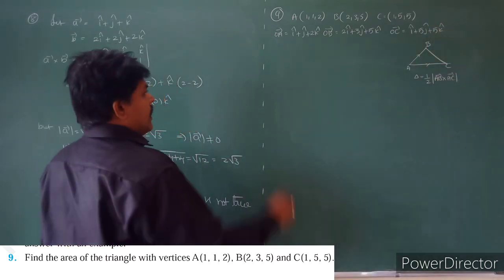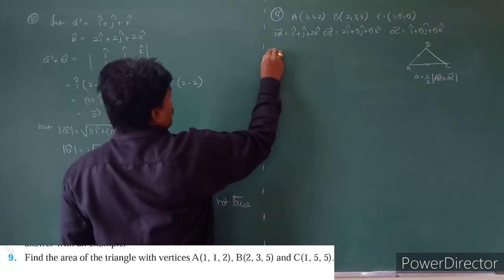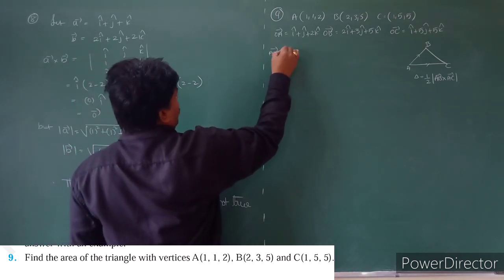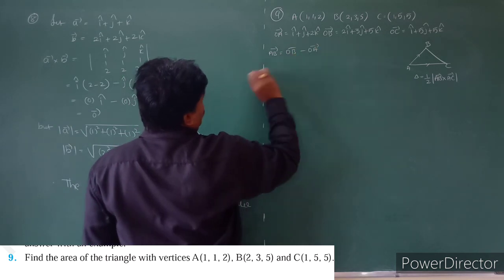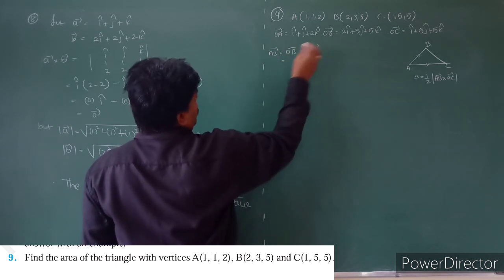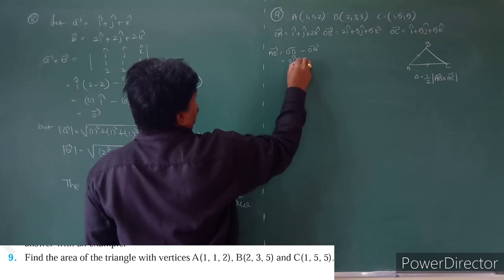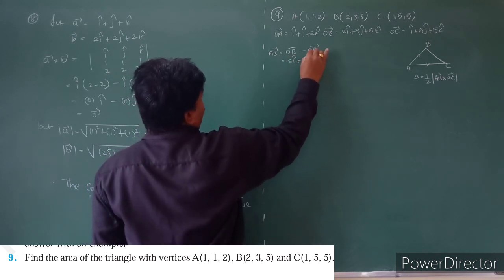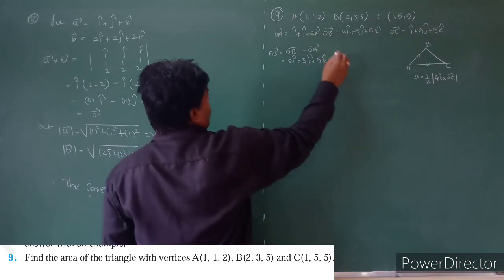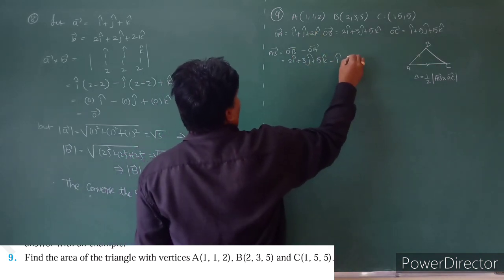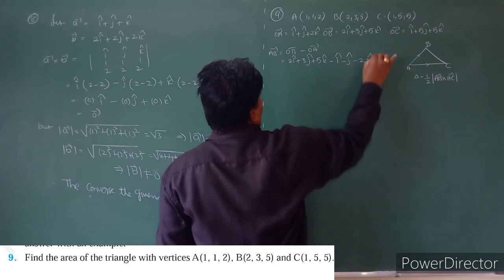So first calculate AB bar. The AB bar vector is OB bar minus OA bar. So this is 2I plus 3J plus 5K minus (I plus J plus 2K).